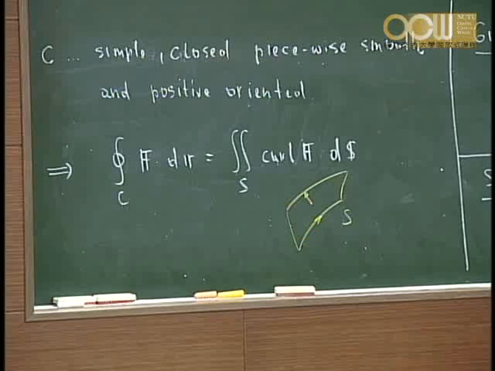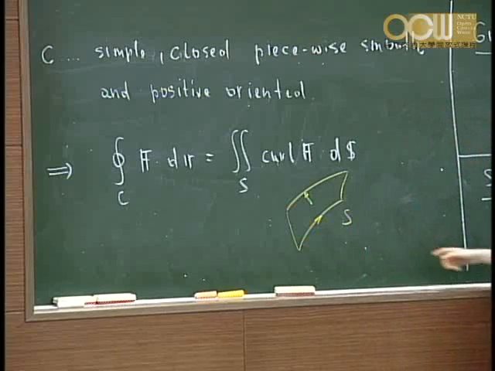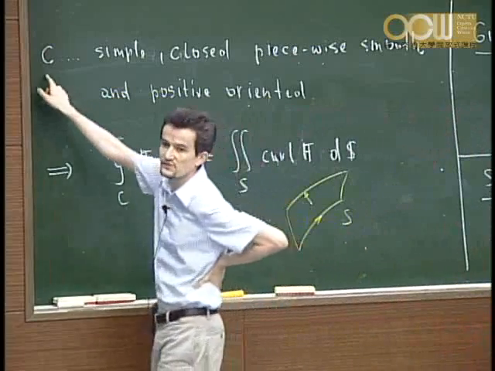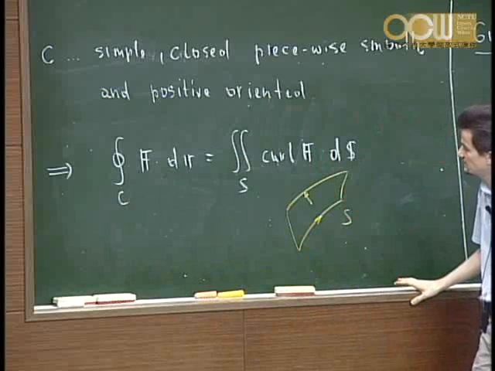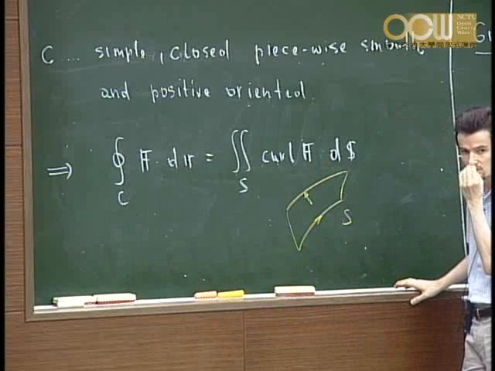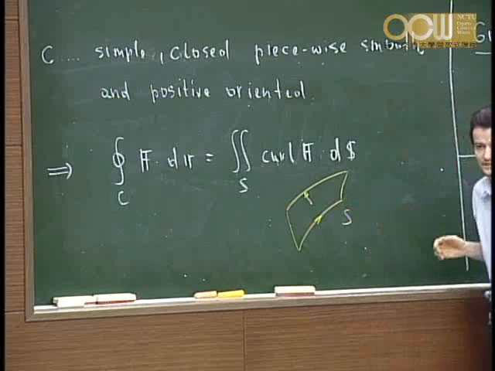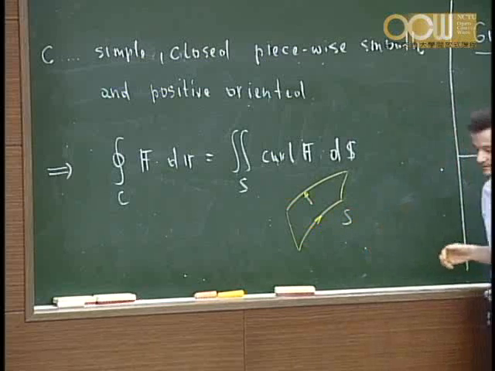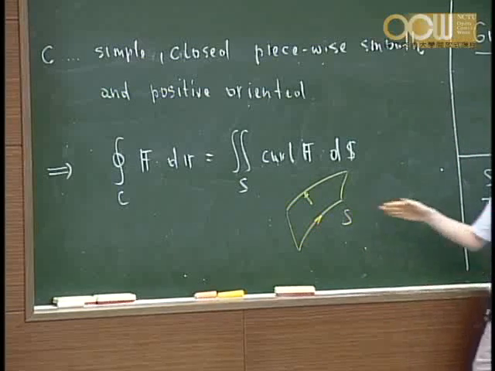So for every point you have a normal vector. Now this orientation will induce an orientation for C, namely you walk at the boundary such that your head is pointing in the same direction as the unit normal vector. So that's how you stand on the surface. And if you stretch out your left hand, then your left hand will point inside the region.